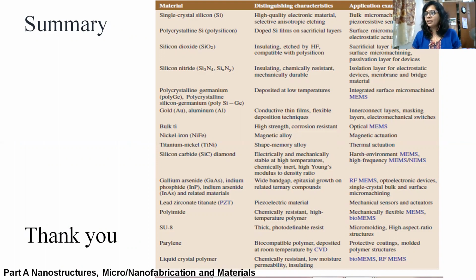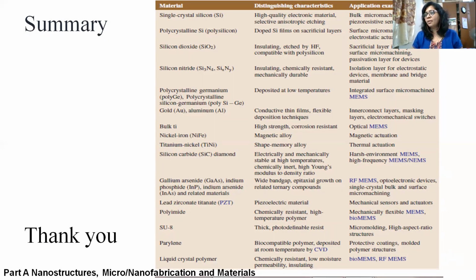Then polycrystalline silicon: doping is easy and it is also used as a sacrificial layer in surface micromachining. Then silicon dioxide, that is an insulator, etched by HF and compatible with polycrystalline silicon. Silicon nitride, that is insulating, chemically resistive, mechanically stable, and can be used at elevated temperature.